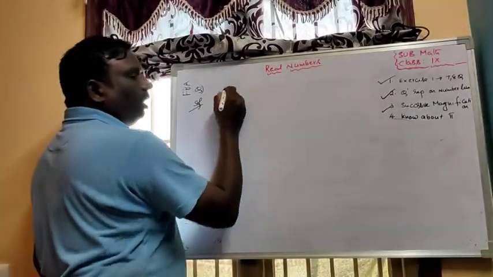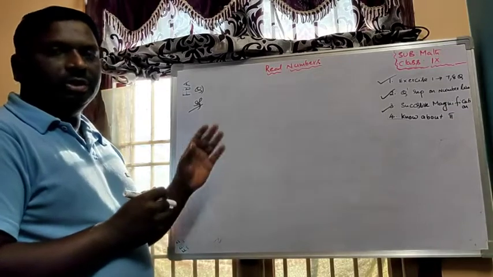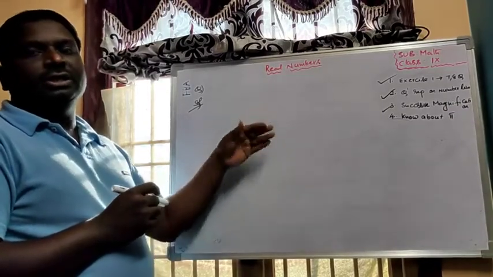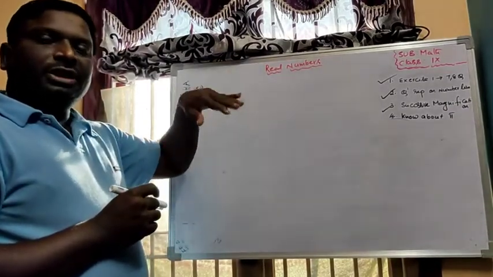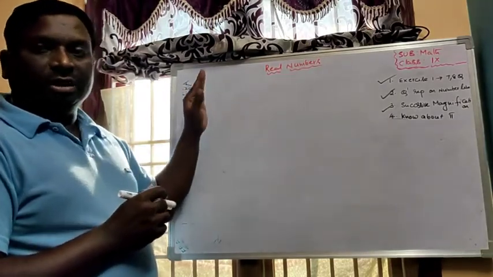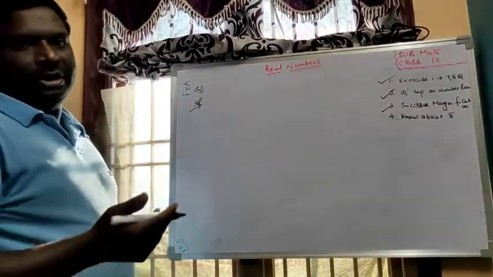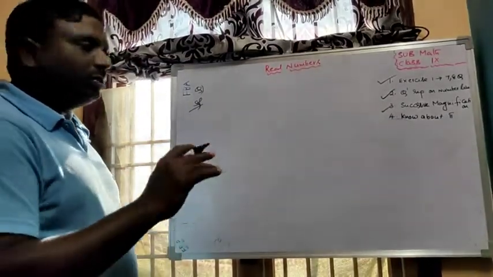So suppose I am taking one example of how to represent real numbers, that means rational numbers and irrational numbers, on the number line. Representing rational numbers on the number line we already completed. That means recurring and non-recurring decimals.